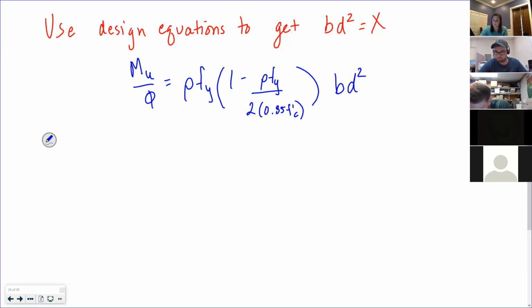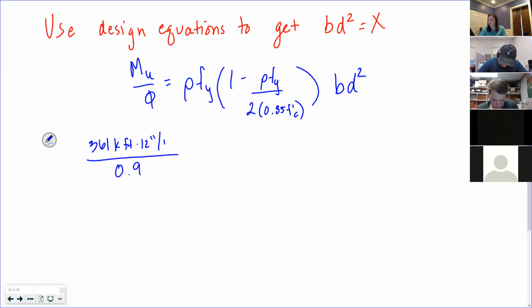So 361 cubic feet times 12 inches per foot. And we're assuming it's tension controlled. Remember, we got to go back and check all this, but we're just assuming that.